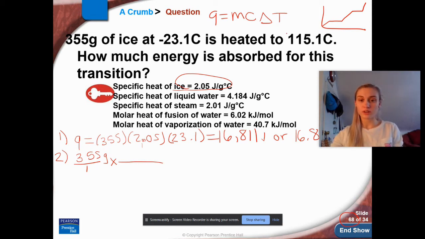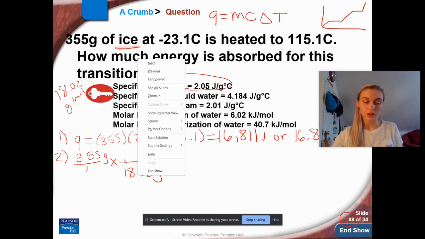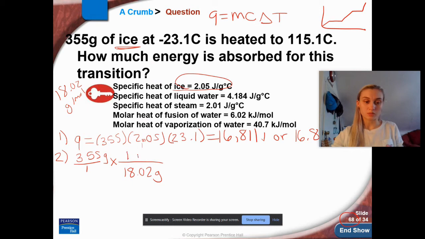Since we're working with ice, and ice is just water, we know from an earlier problem that its molar mass is 18.02 grams per mole. So I put 18.02 grams at the bottom and 1 mole on top, and now we're into moles.